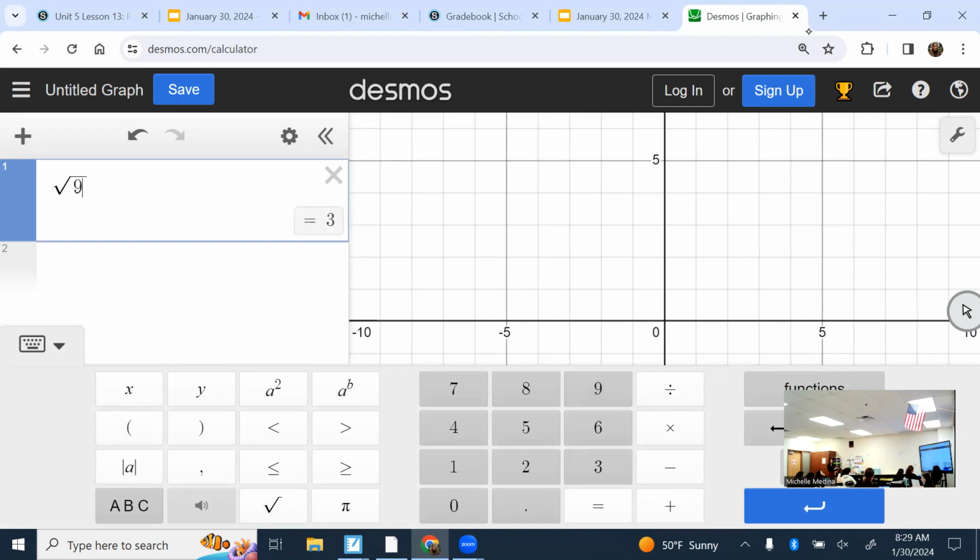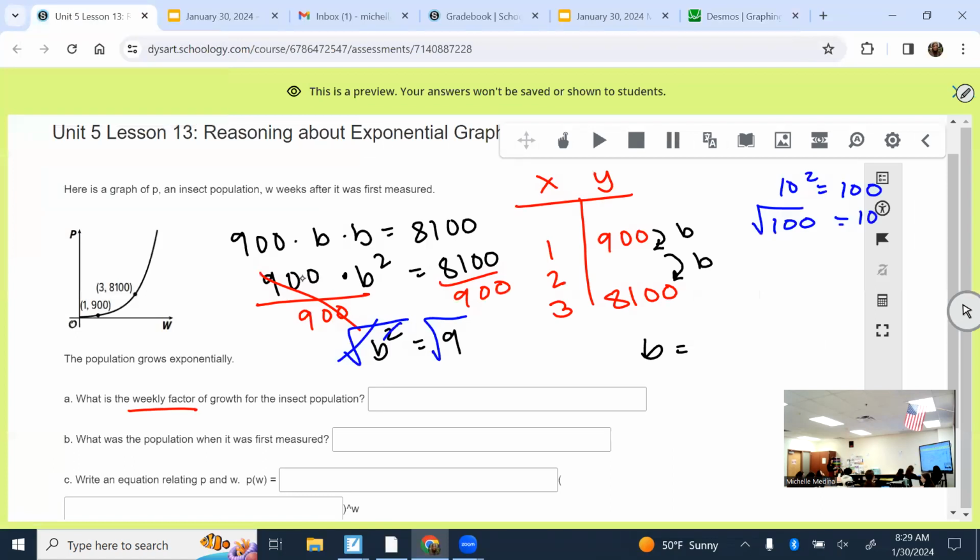The square root of 9 is 3. So b equals 3. So 900 times 3 is what? 2700. 2700 times 3 is 8100. So that is my growth factor.